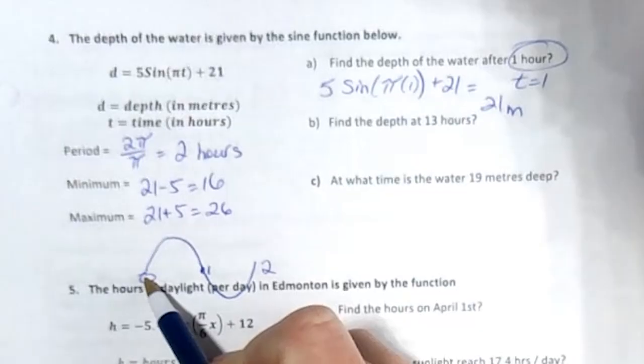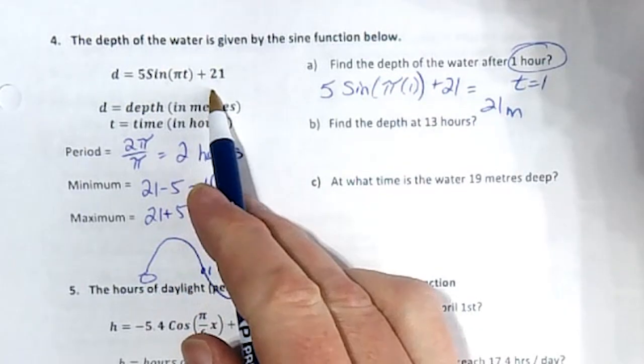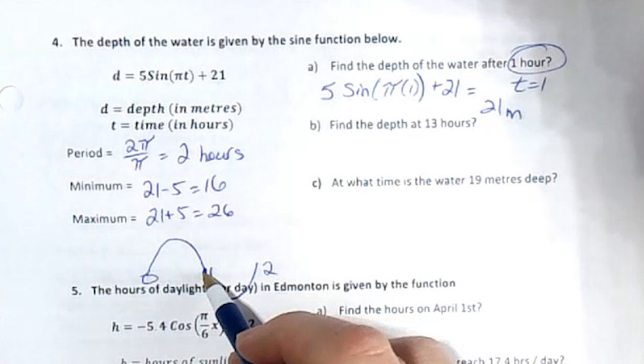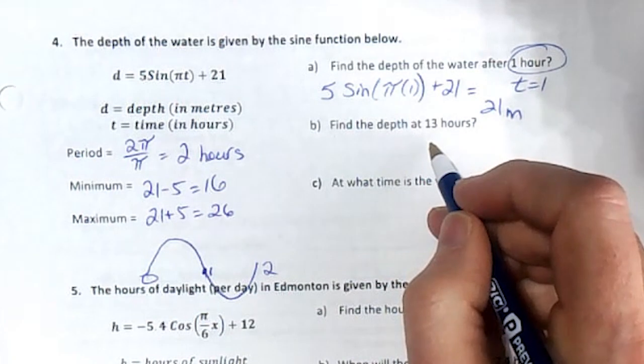Which makes sense? We start at 21, that's the midpoint. After one cycle or 1 hour, it will be at 21 still, because it goes up and comes back to 21.